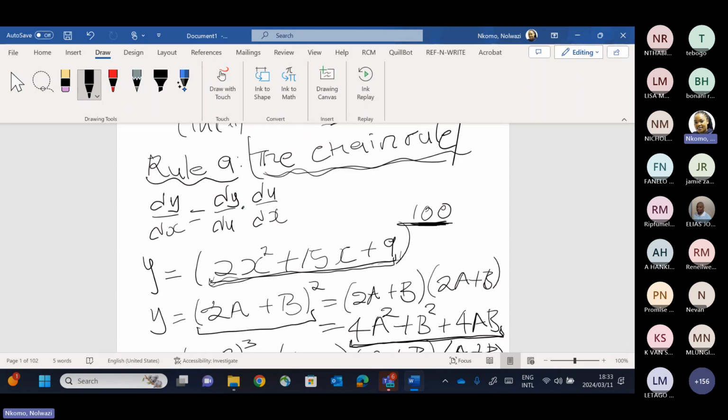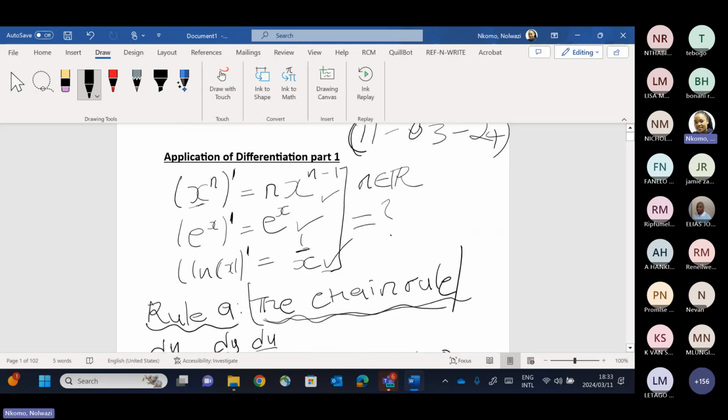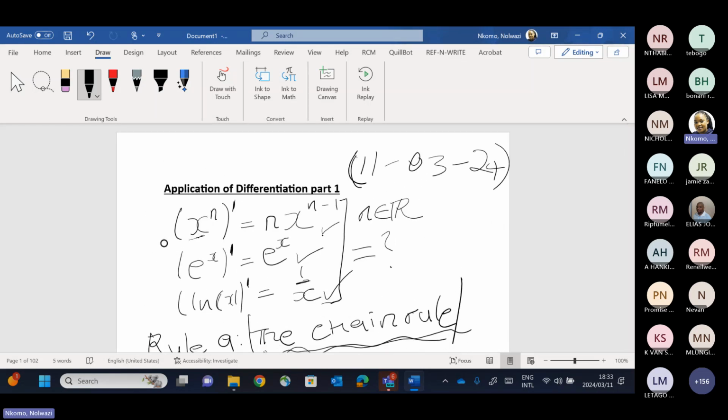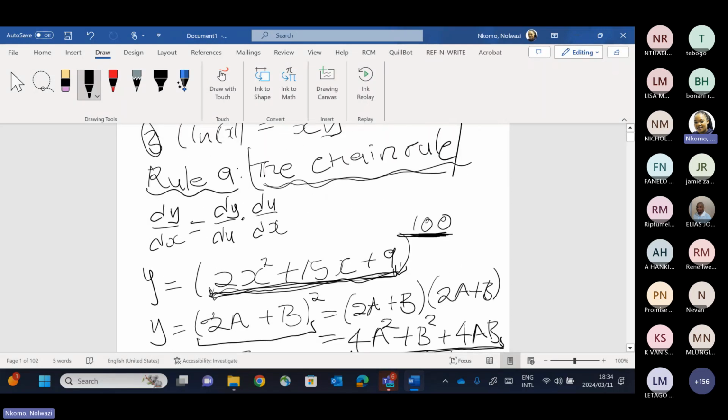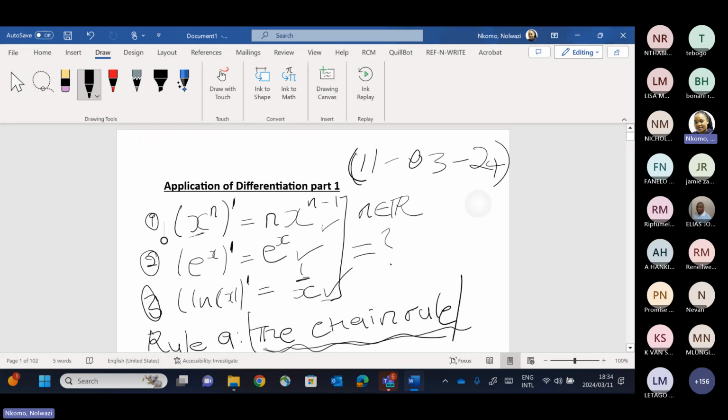Let's define this function. Just write this function in such a way that you can be able to use all these 3 rules, 1, 2, 3. And if you look at this function and compare it to all these 3, you'll see that it's closer to this one.